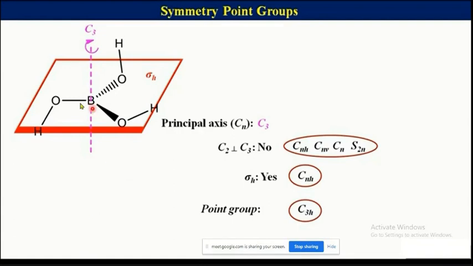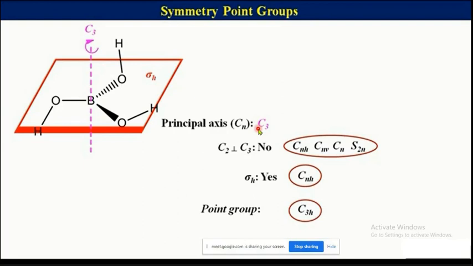If you see the orientation of H, all three H are oriented differently, right? So C2 cannot be present. What other axis of rotation is present? C3 can be, right? So if there is no C2, first of all, it is not linear. So the probability of D infinity h and C infinity v has already been excluded.